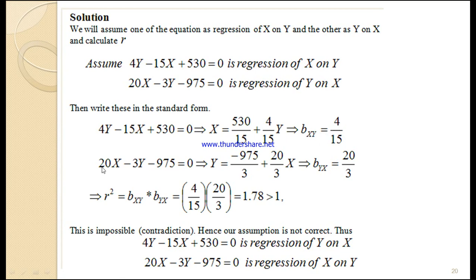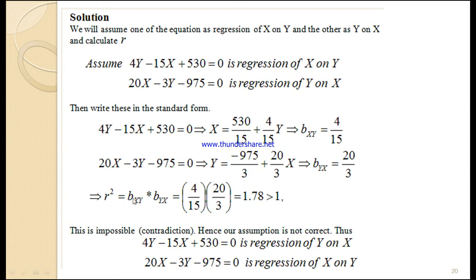On the other hand, when we standardize the second equation, 20x minus 3y minus 975 is equal to 0, which implies y is equal to minus 975 divided by 3 plus 20 divided by 3 times x, which implies b sub yx is equal to 20 over 3.